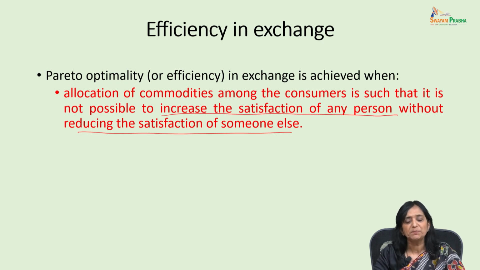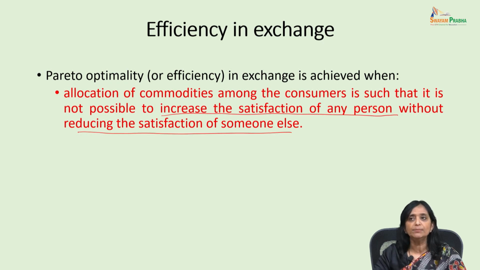It means that I should not take goods from consumer A and give them to consumer B, decreasing the satisfaction of A and increasing the satisfaction of B, because this would be an inefficient exchange, as I am making someone better off by making someone worse off.